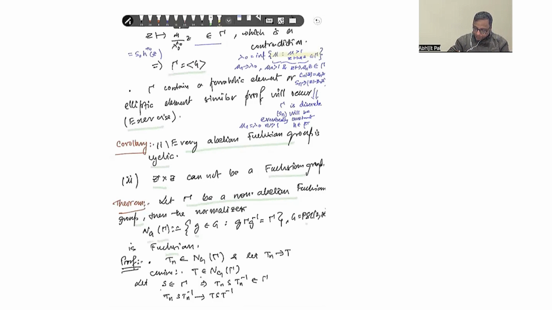So first let us take a sequence Tn in this normalizer and let us assume Tn converges to T. We'll prove first that this T belongs to this normalizer. This is the first claim.